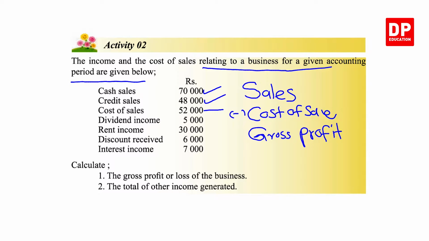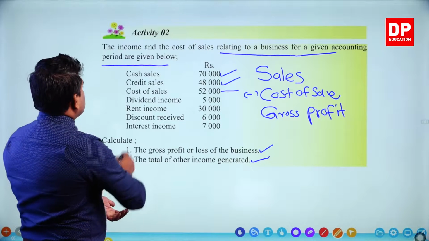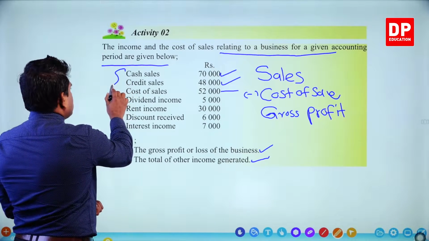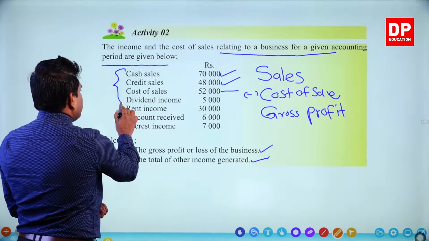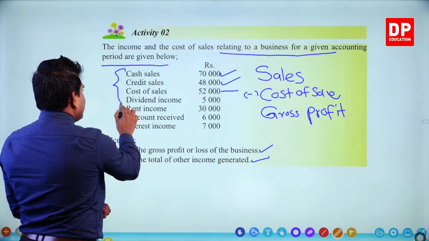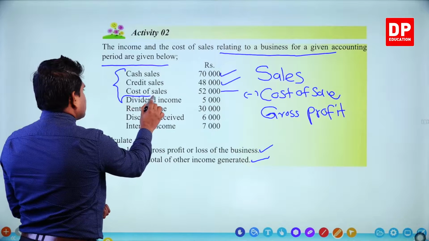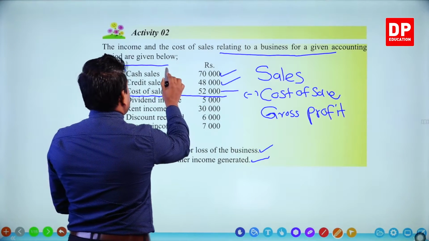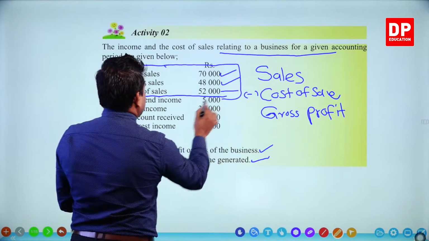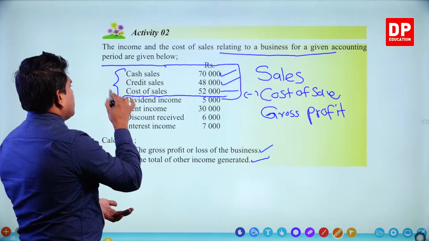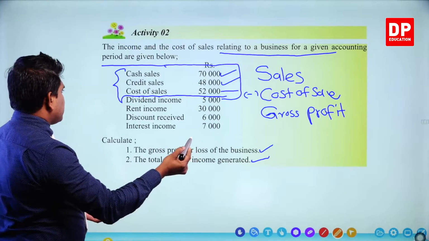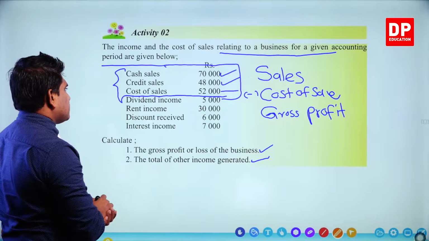Now, the question asks to calculate the gross profit or gross loss of a business and the total of other income generated. Dividends income is not in this part; it should not go under the cost of sales part, right? There are three items here: cash sales, credit sales, meaning sales, and cost of sales.